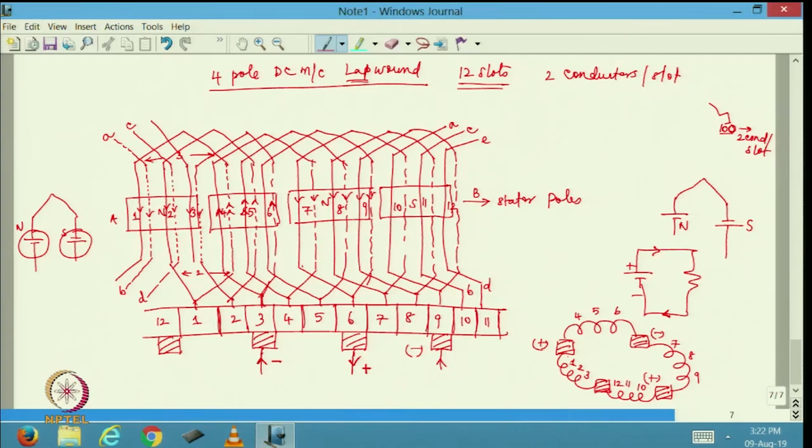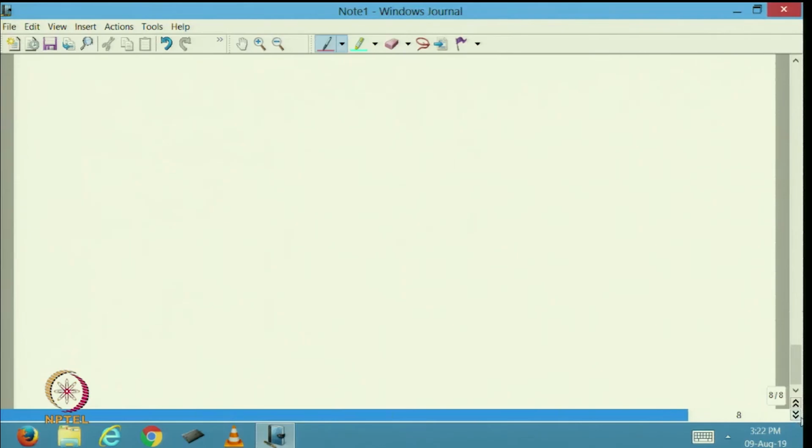So what is going to happen is, if this is minus and this is minus, these two will be connected together, and similarly this is plus and this is plus, these two will be connected together. This is how they will be connected. Just redrawing the whole thing, I should be able to draw it somewhat like this.